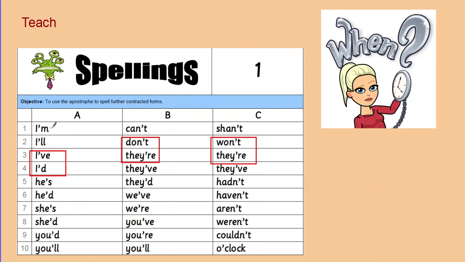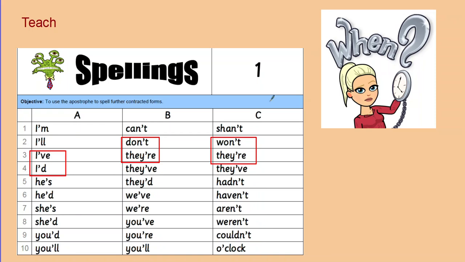So we have I'm, I'll, I've, I'd, he's, he'd, she's, she'd, you'd, you'll, can't, don't, there, they've, they'd, we've, we're, you've, you're, you'll. And then we have shan't, won't, there, they've, hadn't, haven't, aren't, weren't, couldn't, and o'clock.